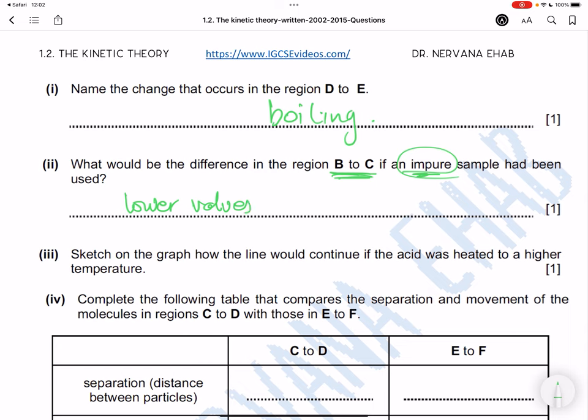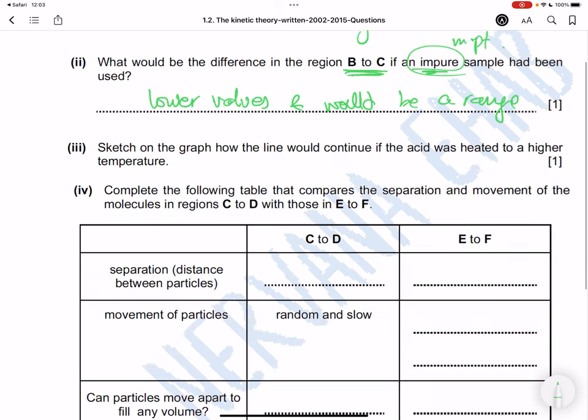Why? Because melting points decrease if you have an impure substance, and boiling points increase. But they're not asking about boiling, they're asking about melting. The other thing that happens is that it would be over a range. Now, it's only one mark, so you can write either of them and you still get a point, or you can have both. You have a whole line, so you do have the space to write everything.